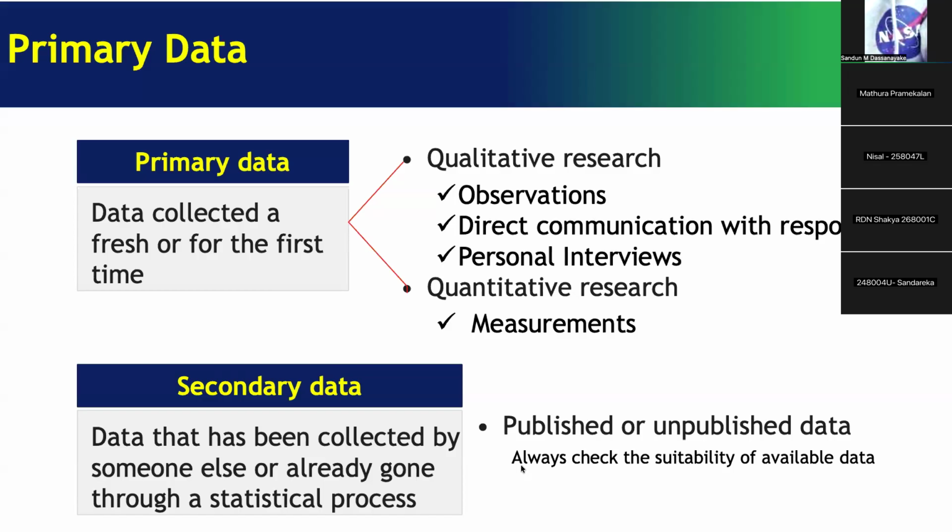You can collect the data from wherever you are, interacting afresh, that is, for the first time you are collecting that data, from experiments or from qualitative methods. Then secondary data can be available from published or unpublished data, satellite images, and other places.